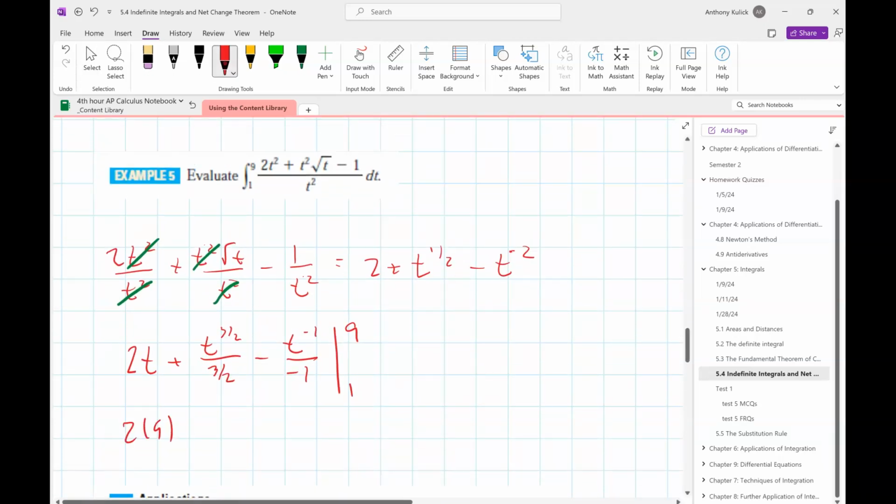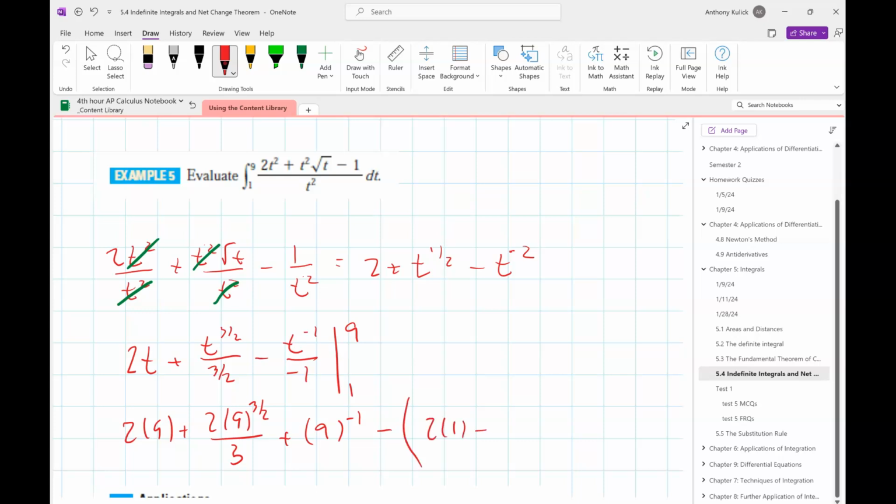So 2 times 9 plus 2 times 9 to the 3 over 2 over 3 minus 9 to the negative 1, and then minus 2 times 1 plus 2 times 1 to the 3 over 2 over 3 plus 1 to the negative 1.